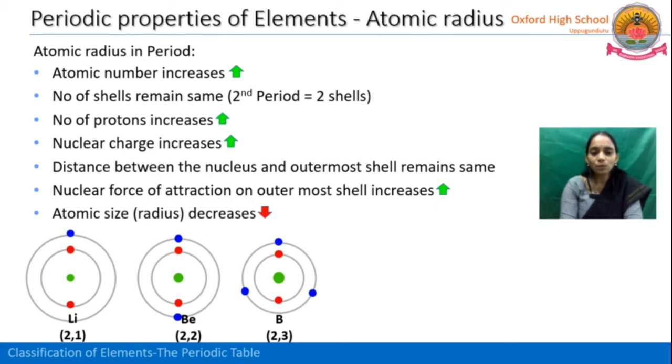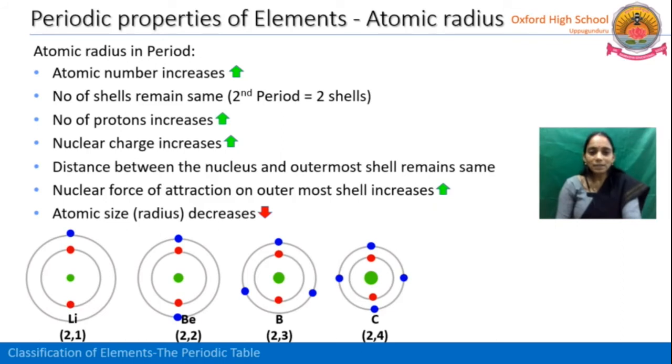So the nuclear force of attraction pulls the outermost shells towards the nucleus. As a result, the size decreases. In carbon also, the nucleus positive charge increases, so the force of attraction on the outer shell increases. The orbits shrink towards the nucleus, and as a result the atomic size decreases.